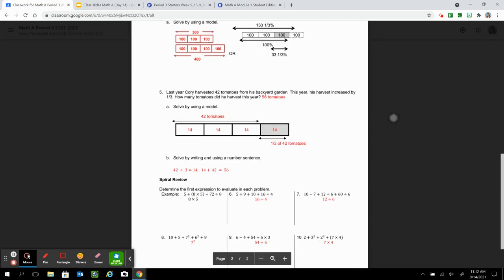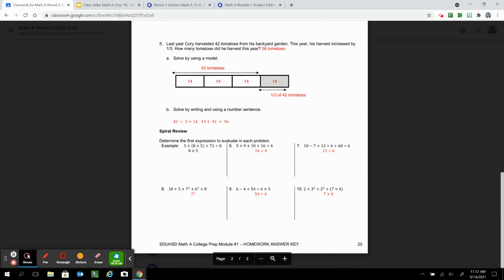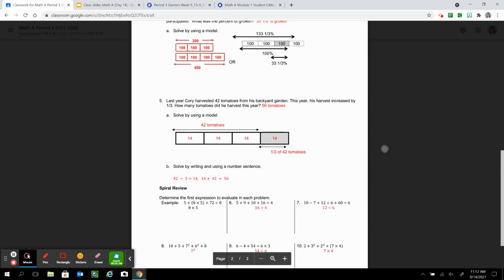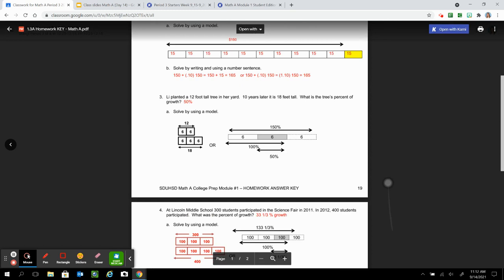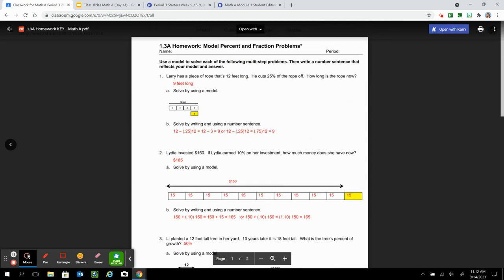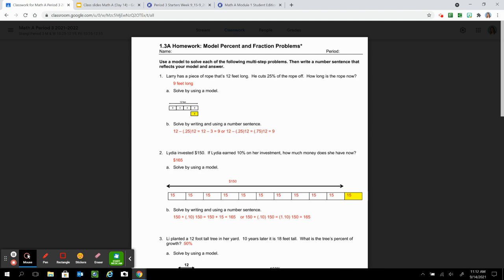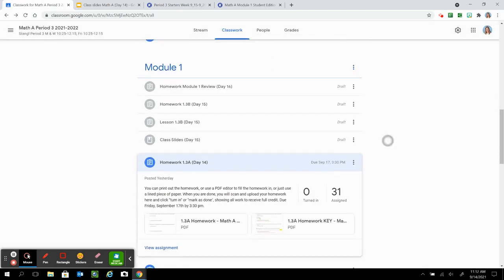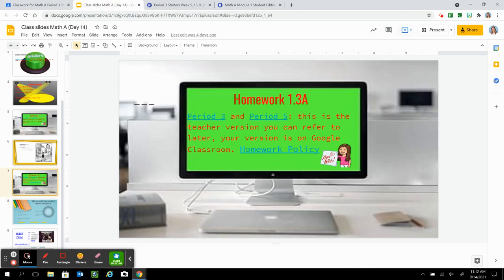You do not have to complete the spiral review. That spiral review is always optional. I'd like you to complete problems 1 through 5 right now in class before you leave today. Save and submit to Google Classroom. That's found in your classwork stream of Google Classroom. And when you're done with that, you are done with my assignments for this class.